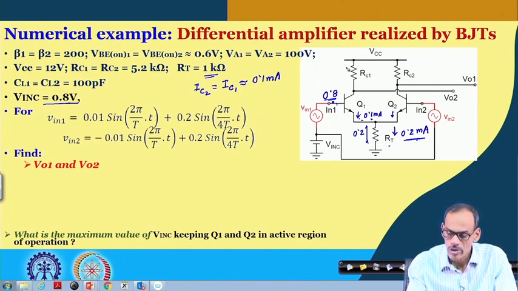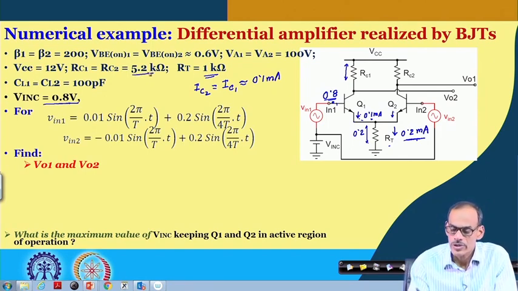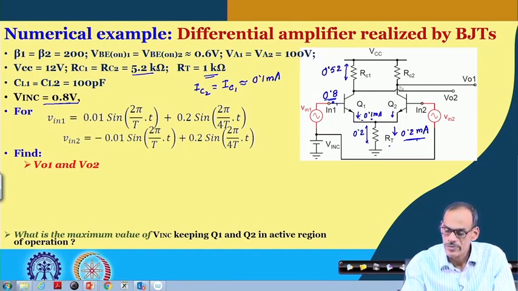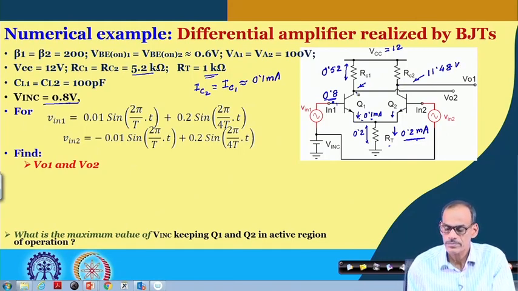And then the drop across this resistance, which is 5.2 K, is only 0.52 volt. So, the DC voltage here and here is 12 volt minus 0.52. So that is 11.48 volt. So, this voltage is quite high.